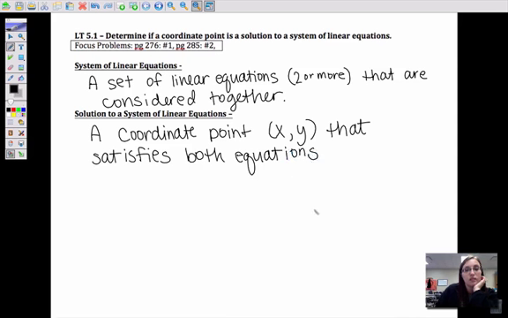Okay, so it's a solution. A coordinate is a coordinate point, x and y, that satisfies both equations. And so I want to show you a visual of that. So if you need to pause and finish writing these down, you can. Otherwise, keep going here.